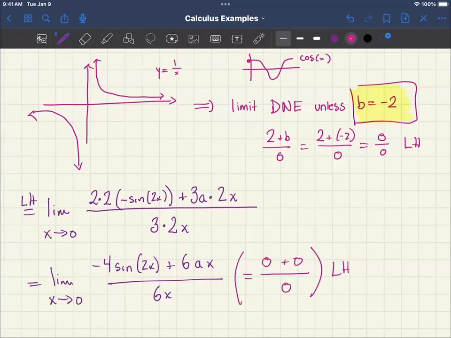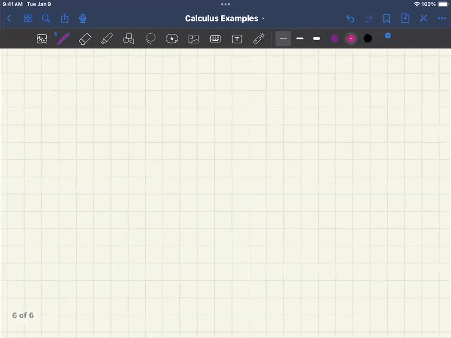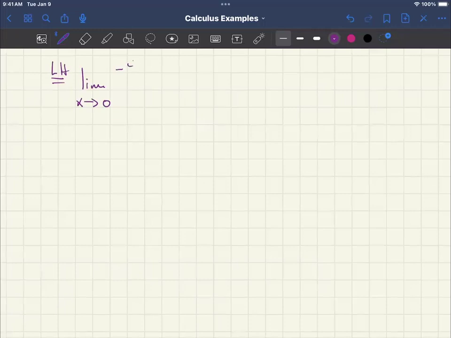All right, I swear this is the last one. We do need a new page, though. Okay, so we're going to use L'Hopital one last time. Let's put our limit out front. As x goes to 0, we had a negative 4 that's coming along for a ride. Our sine turns into cosine of 2x.